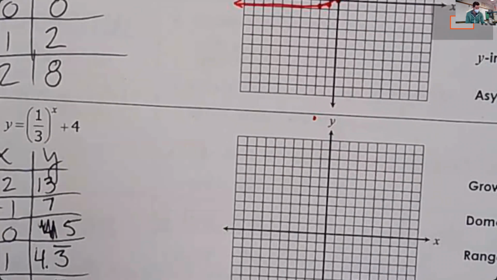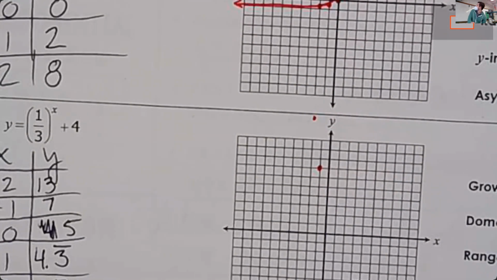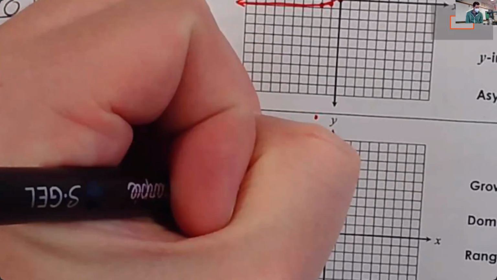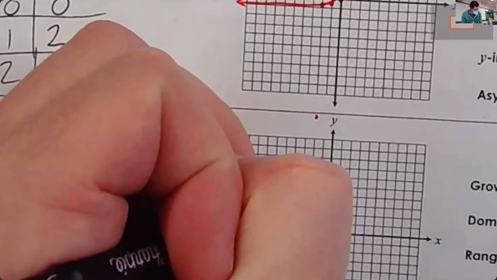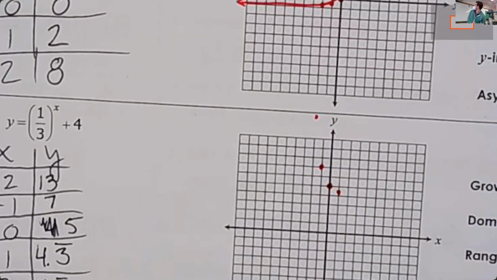-1, up 7. So here's 10, 9, 8, here's 7. And then 0, 5, which is here. And then we've got 1 and then 4.3. So a little bit above 4, about there.